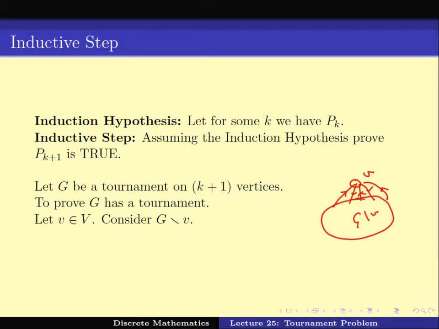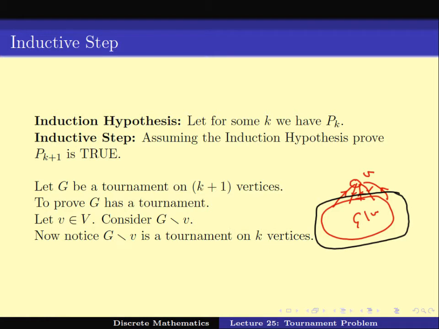Now, one thing to note is that this graph G minus V is in fact a tournament on k vertices. The original graph, whole G, was a tournament on k plus 1 vertices. I have removed one vertex, so the number of vertices in G minus V is k. And why is G minus V a tournament? Because again, between any two vertices in G minus V, there must be an edge directed in one of the two ways.